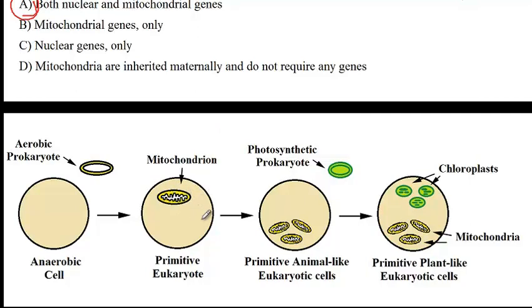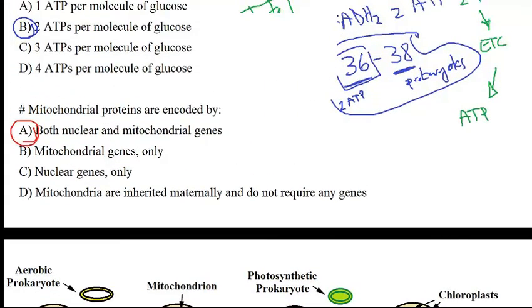But then over many years, they would eventually become dependent on the nucleus, on some of the genes that are produced by the nucleus. And some of these genes actually do enter the mitochondria and function there. So therefore, mitochondrial proteins are encoded by both nuclear and mitochondrial genes.